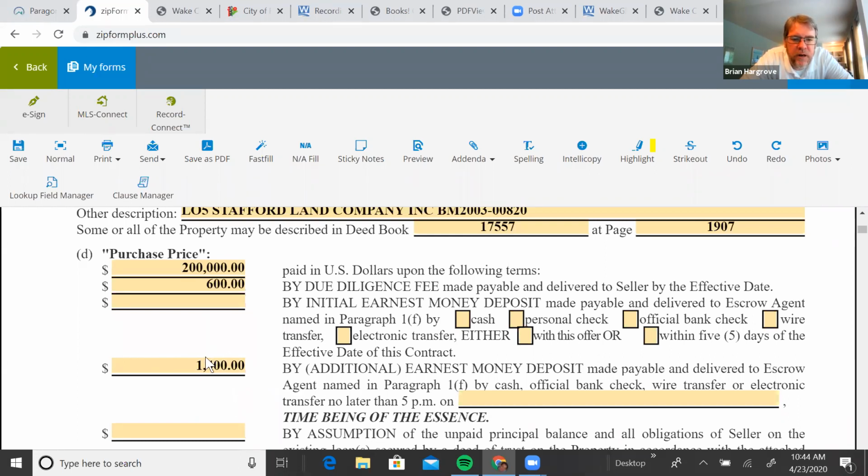If you put this $1,400 in place at the time of contract, even though the buyer is owed that money per contract because they got out of the contract during the due diligence period, if it's in place already, you put it in day one, the attorney can't release it without both parties agreeing to release it.